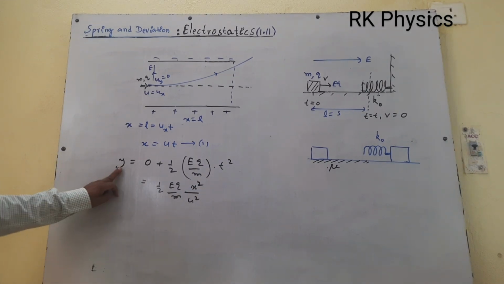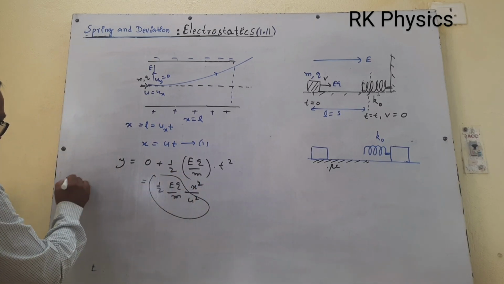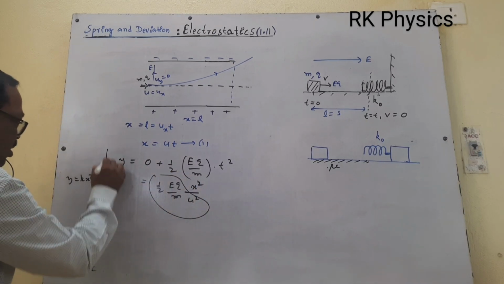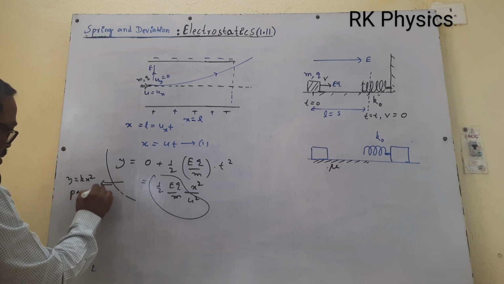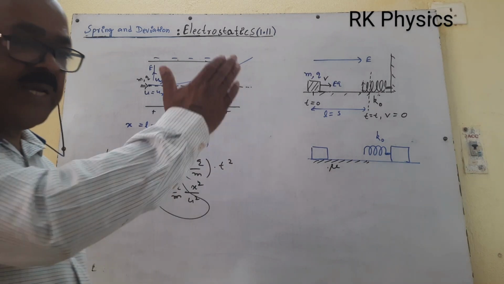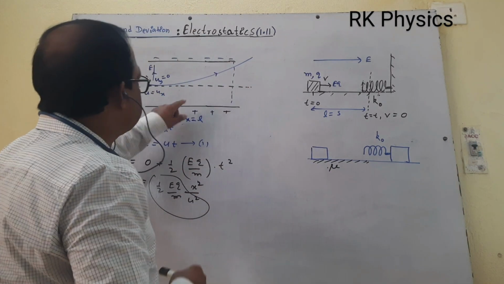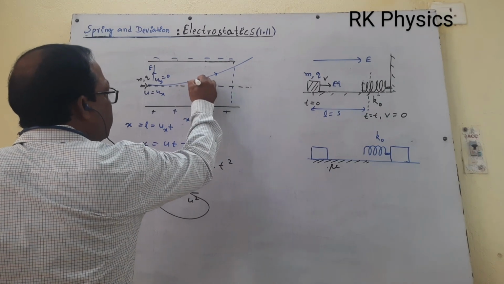So now this total is a constant quantity, so the equation is y equals k x square. This equation is in this form, so the path is a parabola. We know that the path is a parabola, that means the particle deviates away from its initial path. Now at any point, what is the deviation?